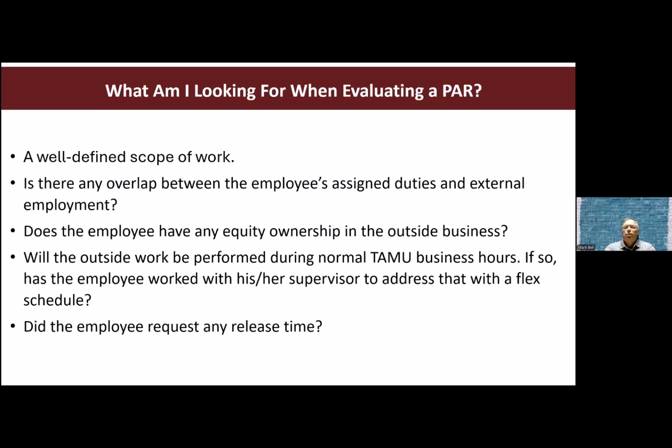But when I receive a PAR, I'm looking for several things. The first thing I'm looking for is a well-defined scope of work. I need to be able to understand what it is you do and who you're working for. Now, if you're working for DoorDash or Uber Eats, I certainly know what those are, and that's not a problem. Or if you're a bookkeeper for your husband's business, again, not a problem. I understand what that is.